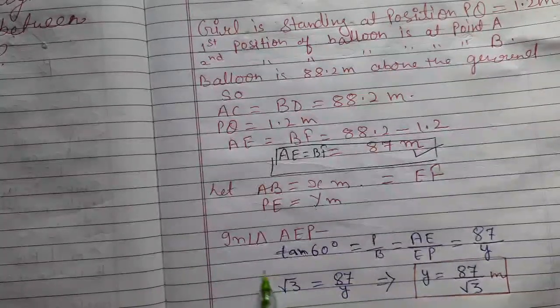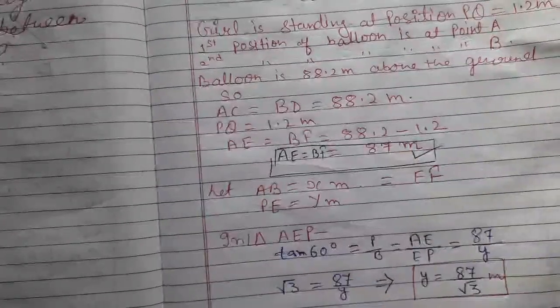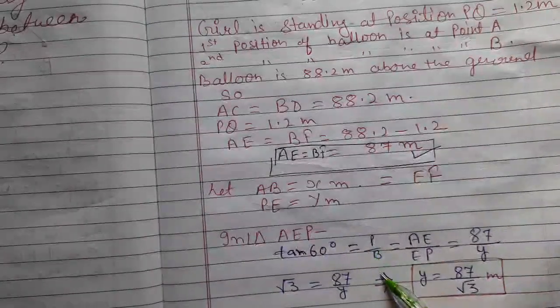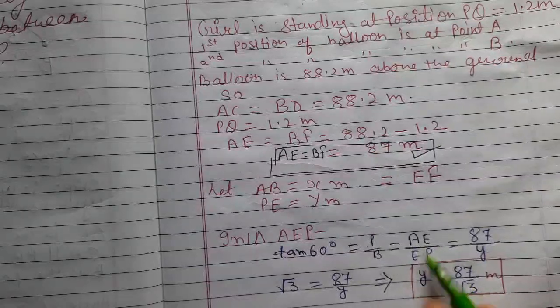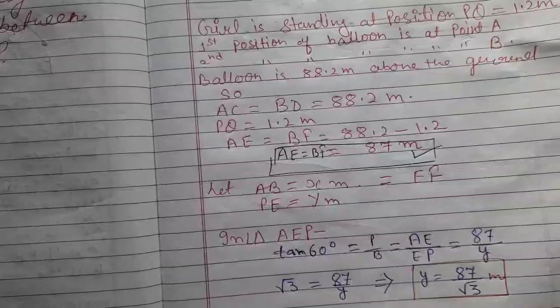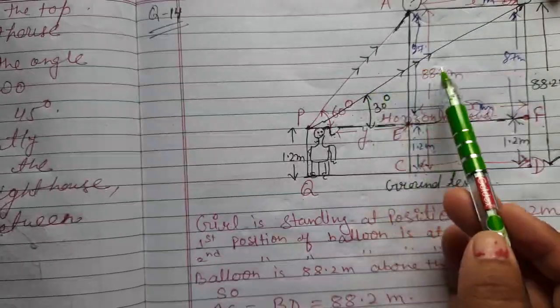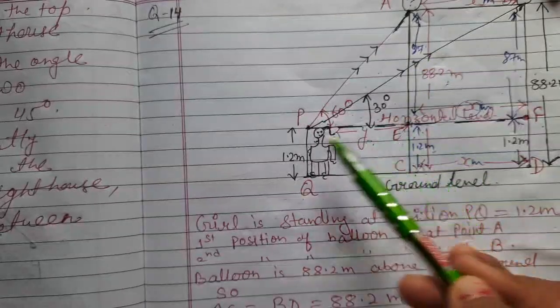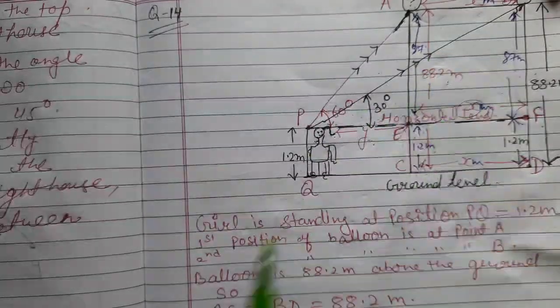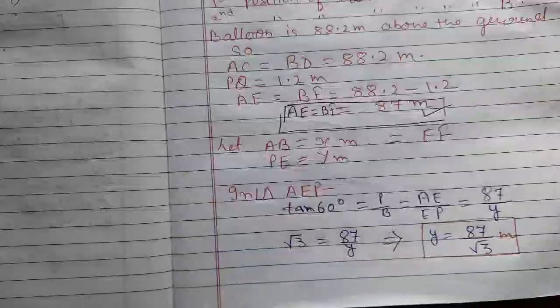First, in the triangle AEP, tan 60 degree equals perpendicular upon base. So AE is the perpendicular and EP is the base, so 87 upon y, as I explained earlier. Tan 60 degree is equal to root 3.